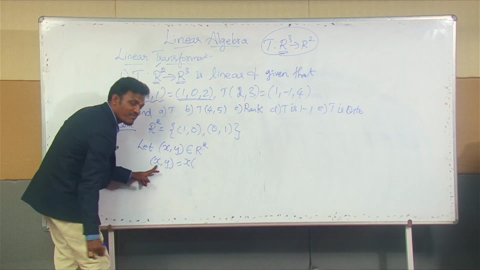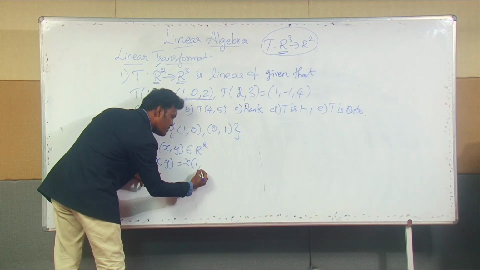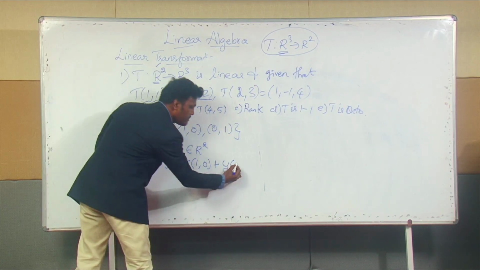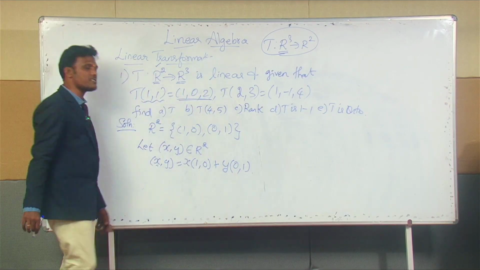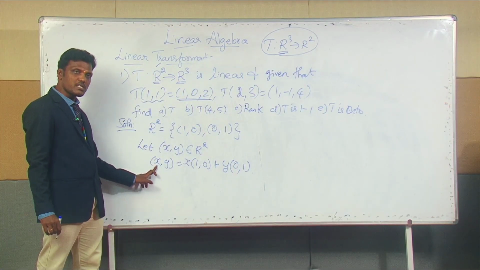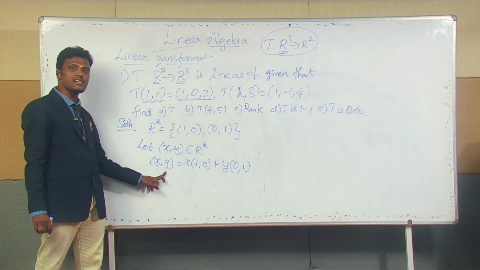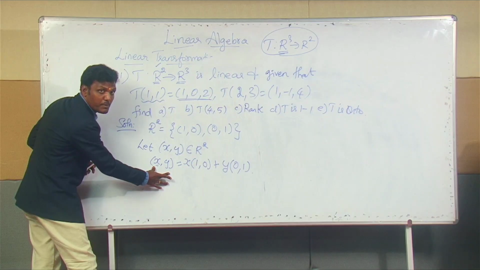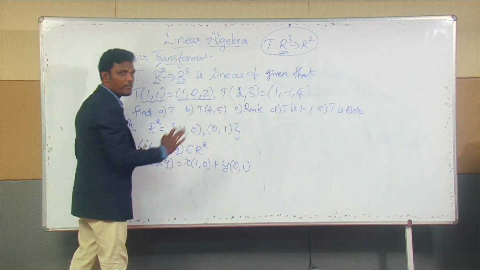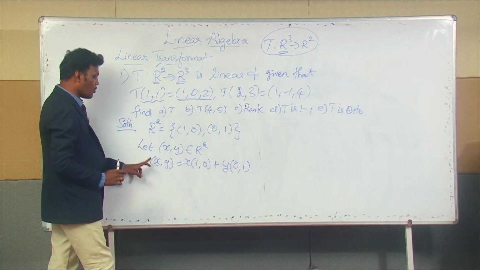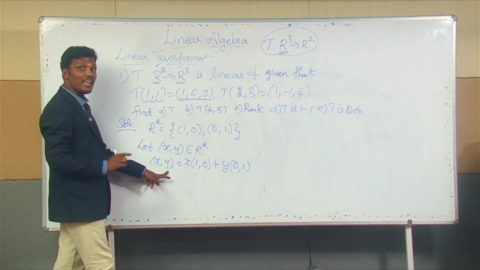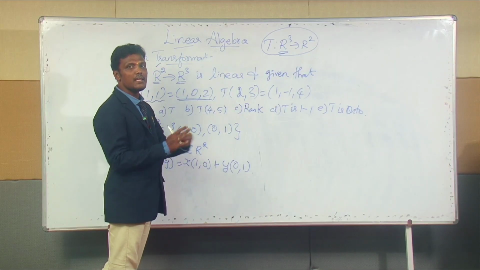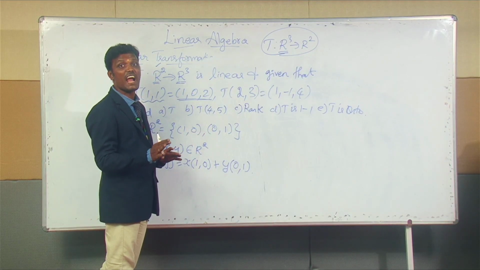If you take the first value outside, the second value becomes 0, giving (1,0). If you take the second term outside, the first term becomes 0, giving (0,1). So every element can be expressed in terms of the standard basis. This is the important idea: (x,y) can be expressed as x(1,0) plus y(0,1).